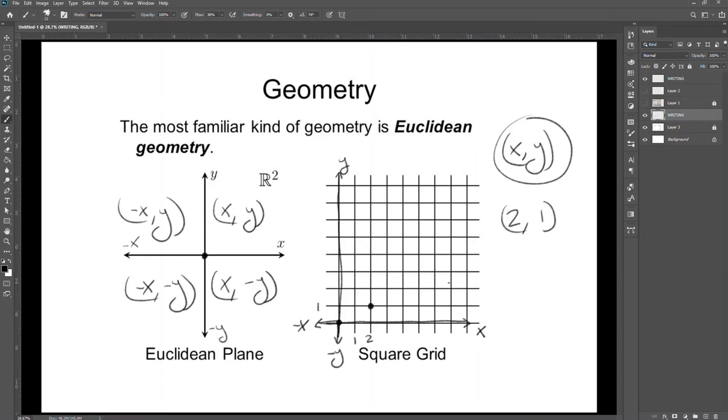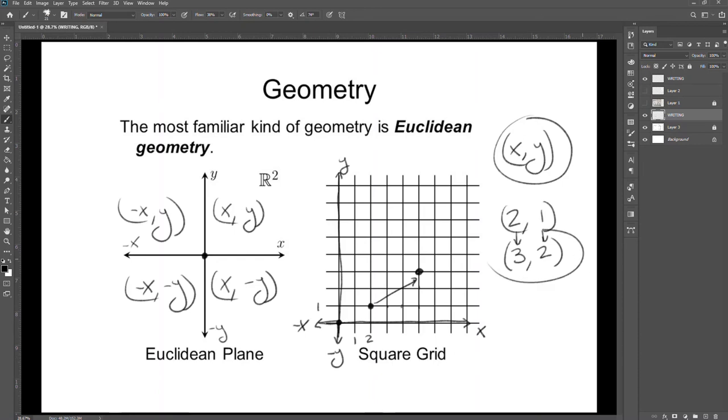So if it is going to get moved 3 over in the x direction and 2 up, this is how it would be moved, right? So you're essentially adding those numbers together. 2 plus 3 equals 5, and 1 plus 2 equals 3, and so the next coordinates of that new point would be 5, comma 3.